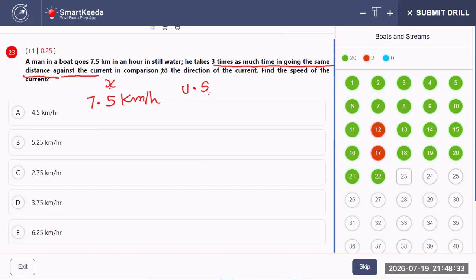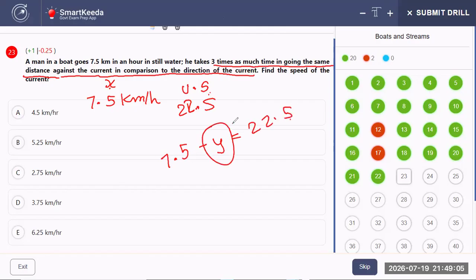Against the stream means upstream, in comparison to the direction of the current. So 7.5 minus y is equal to 22.5.